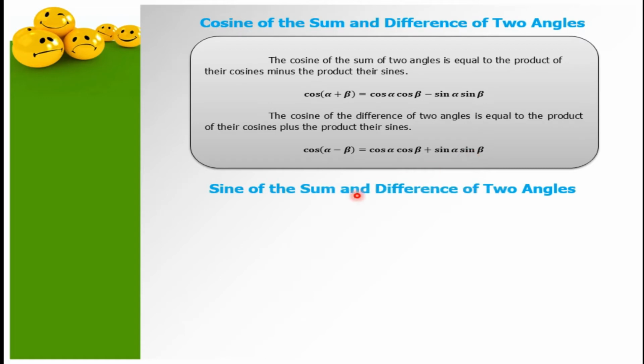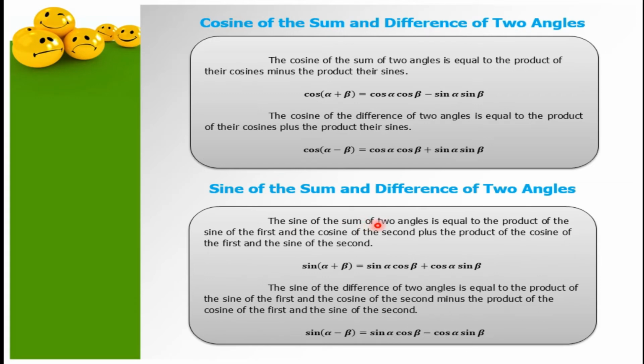Next in line, we have the sine of the sum and difference of two angles. So the sine of the sum of two angles is equal to the product of the sine of the first and the cosine of the second plus the product of the cosine of the first and the sine of the second. In symbol, that is sine alpha plus beta is equal to sine alpha times cosine beta plus cosine alpha times sine beta.